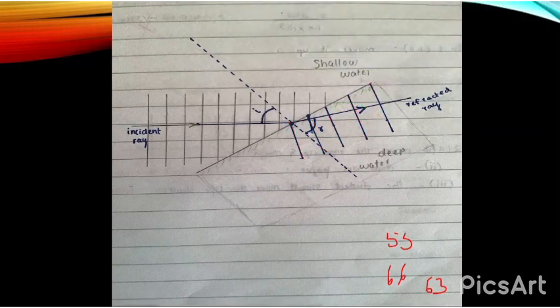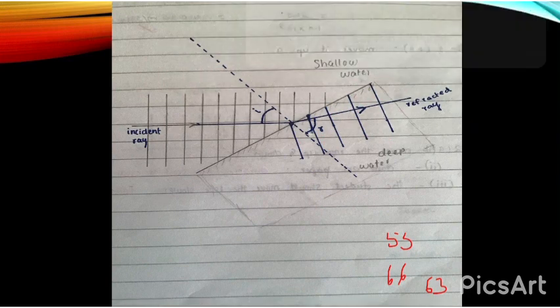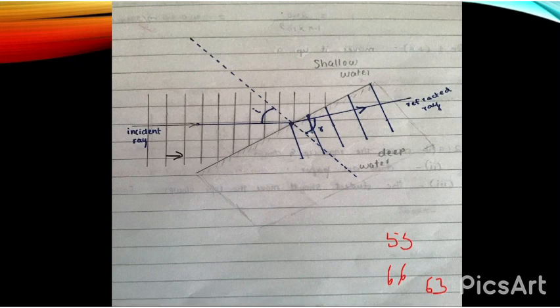And another thing to remember is, if you look at the wavelength over here, it may be 1 centimeter, but the wavelength over here is much larger. It could be 2 centimeter. So in shallow to deep water, you need to draw the refracted wavefronts larger, which means the wavelength should be larger than the incident wavefronts.